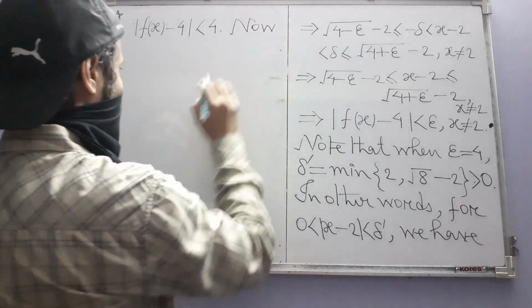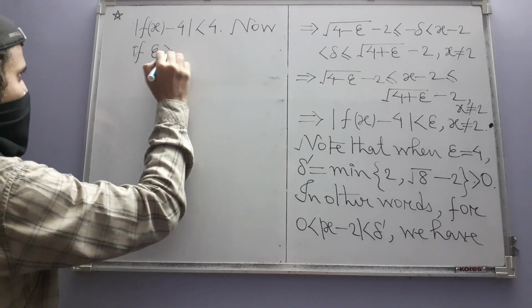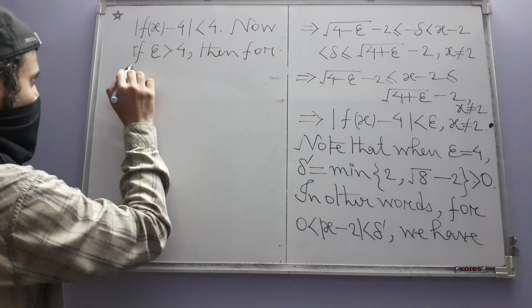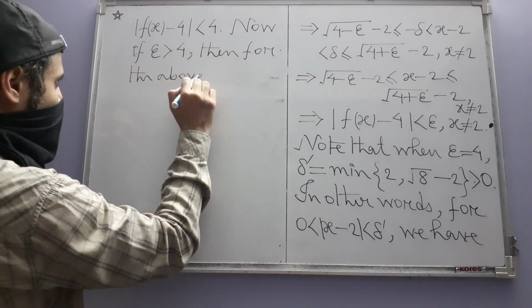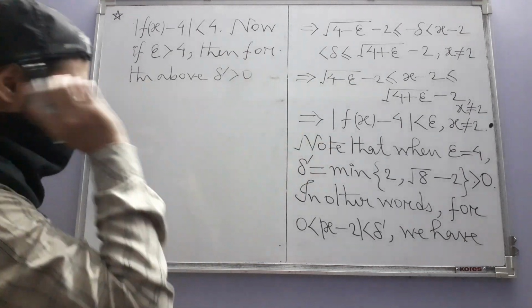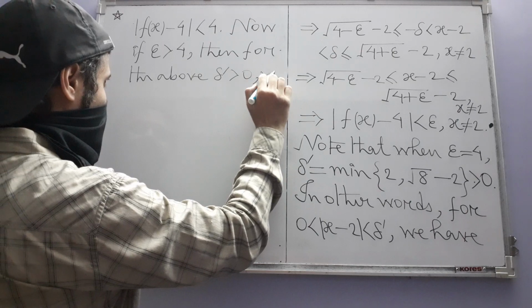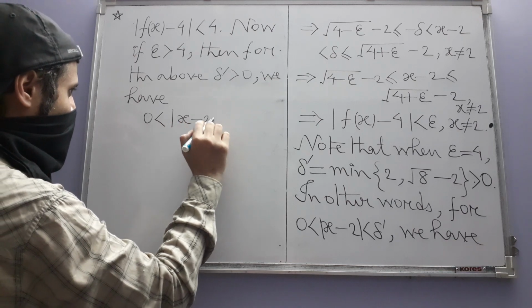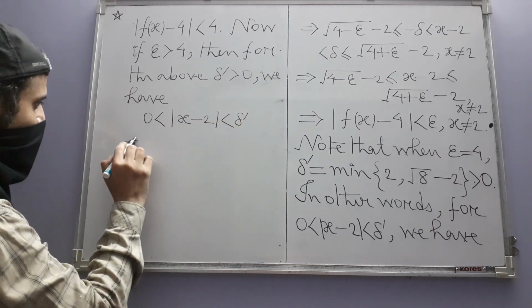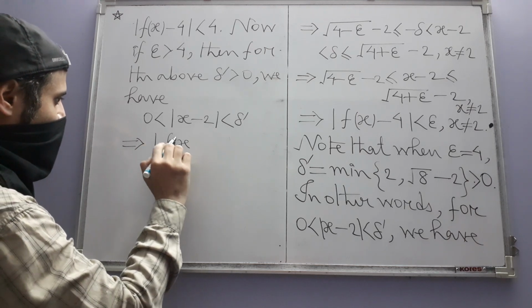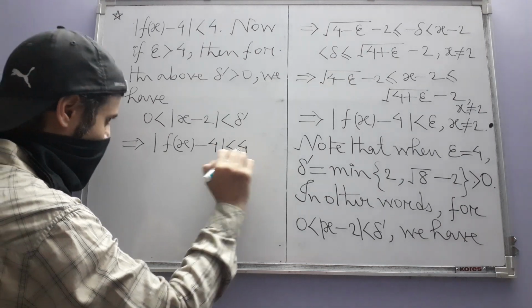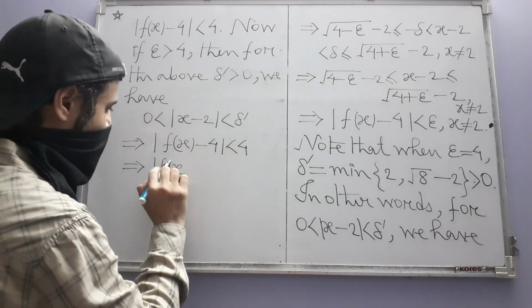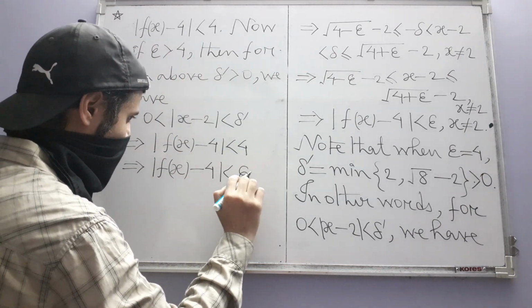Now if epsilon is greater than 4, then for the above delta prime, that is this delta prime, we have less than 4, and since 4 is less than epsilon, this is also less than epsilon.